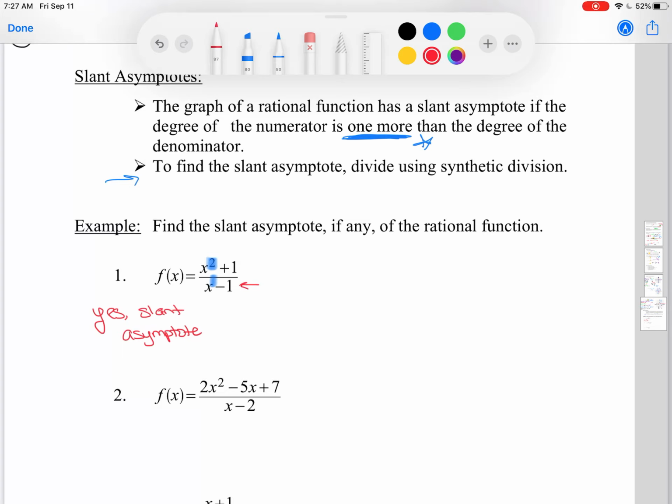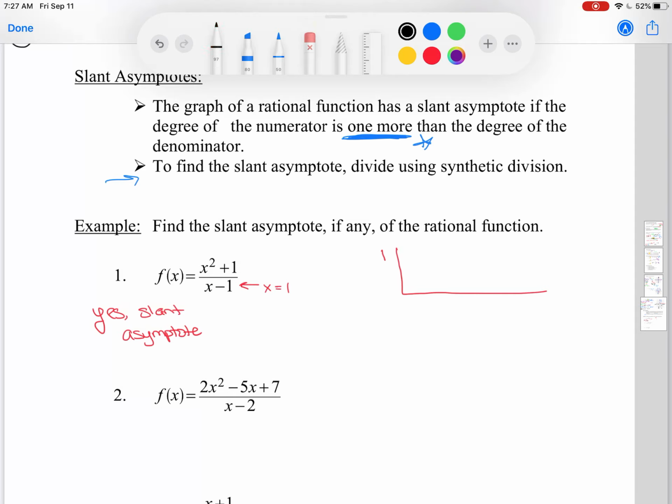Okay. If we remember from synthetic division, I solve that denominator, that factor, so I know that I have a 0 at x equals 1. So that's what I'm going to use when I prepare my synthetic division.